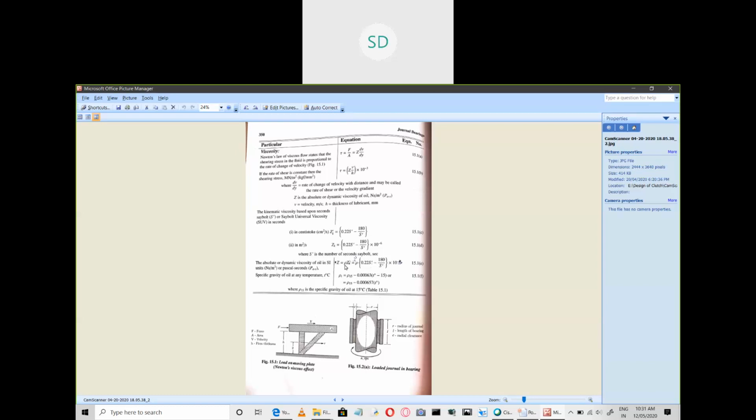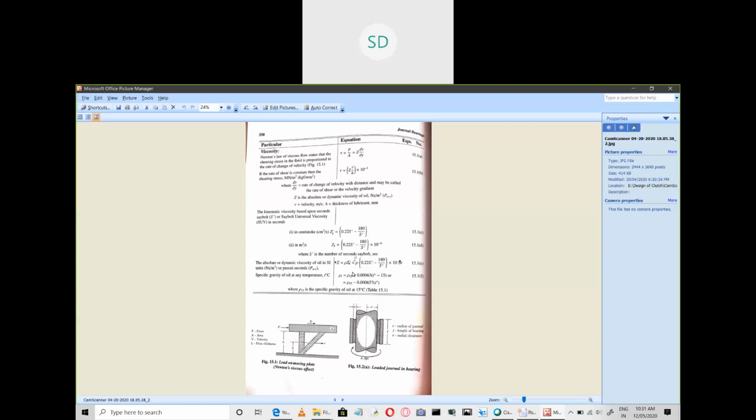Rho is the density or specific gravity of oil at operating temperature. You need to calculate the specific gravity of oil at any temperature. For rho T, you need to find out the value of rho 15. You get this rho 15 from the data handbook, referring to the table. Then you substitute and calculate.